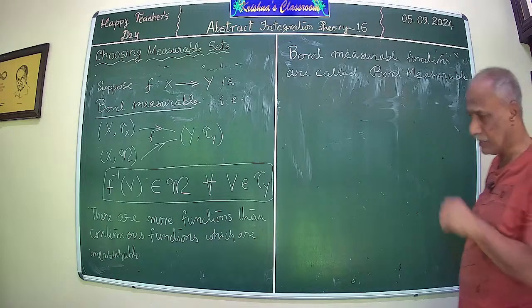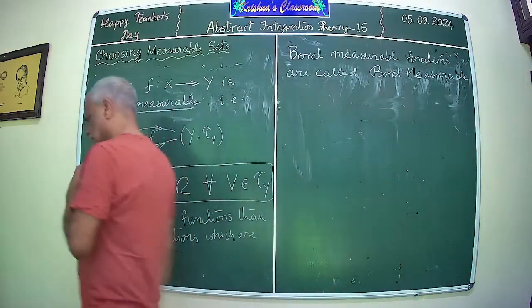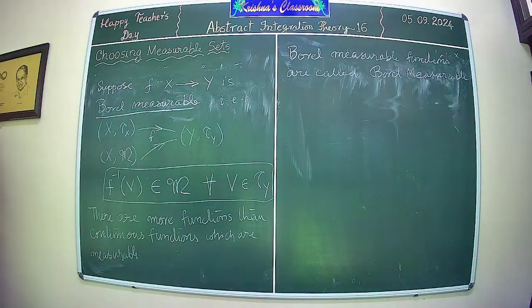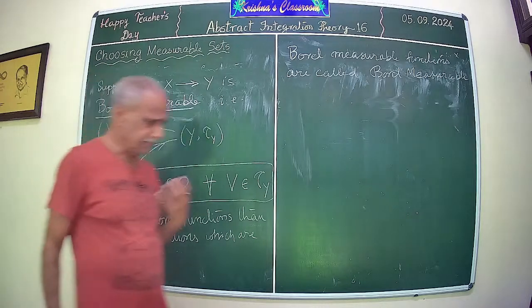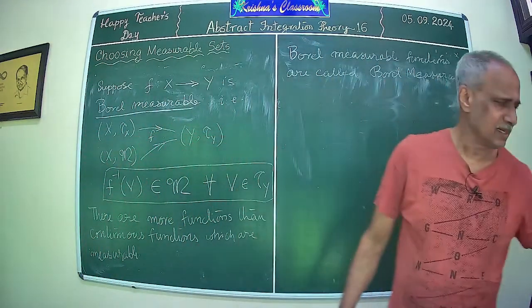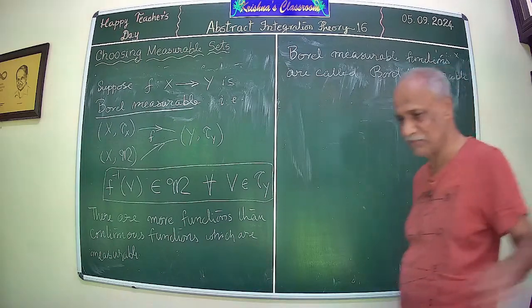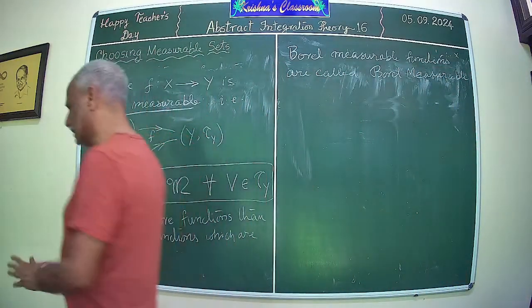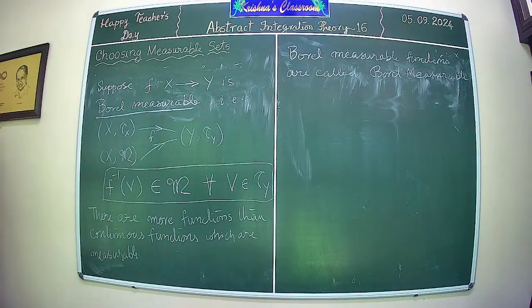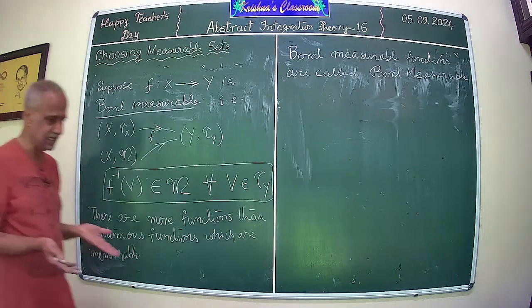Now you see that it's actually the preoccupation of analysts that there should be some topology on the domain and on the range, so that you are working on what are called continuous functions. But this is not necessary. You see the versatility of this. The situation is this.